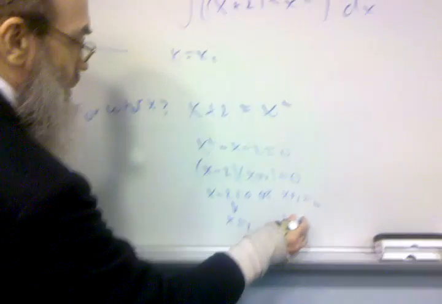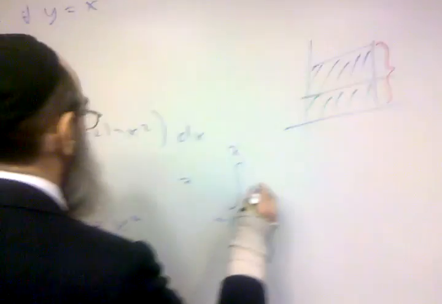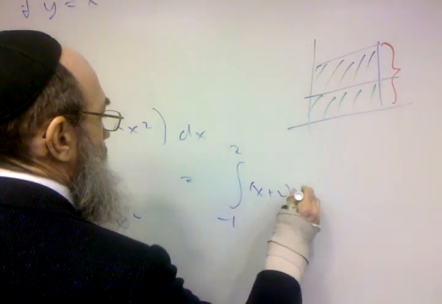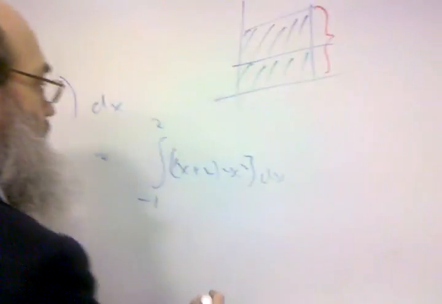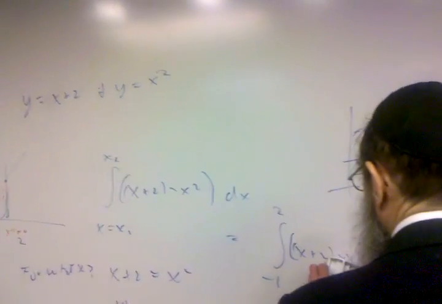So I'm going to integrate this from minus 1 to 2 of x plus 2 minus x squared dx. I don't even need these parentheses here, they're unnecessary.